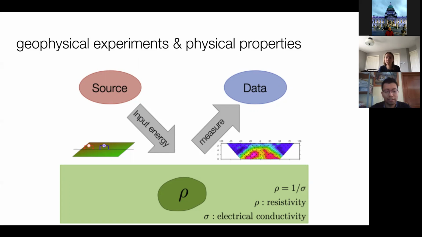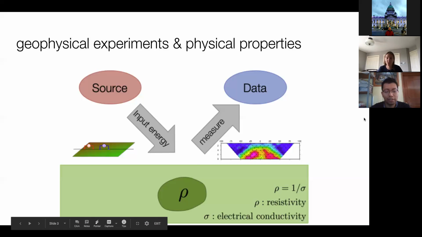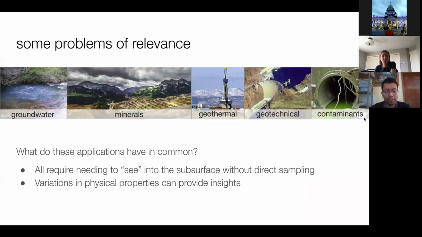How they flow is going to depend on the resistivity structure of the subsurface. Then we can measure potential differences, or voltages, on the surface. From those data, what we want to try and do is figure out what the subsurface resistivity structure is like.